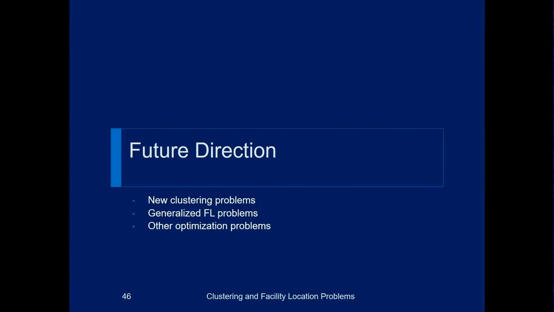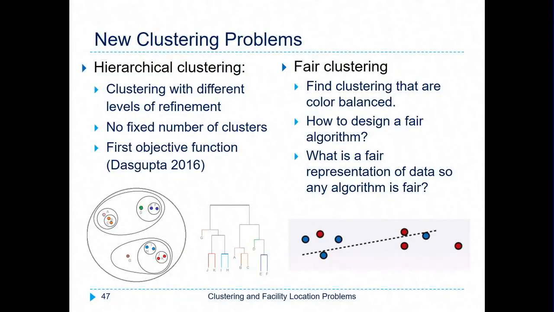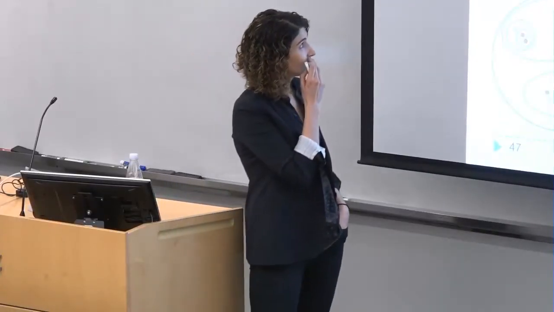Now I'm going to talk about some future directions and the problems that I'm interested in working on. I'm interested in working on new clustering problems. One of them is hierarchical clustering, where we want to find a clustering with different levels of refinement. You can see an example here.